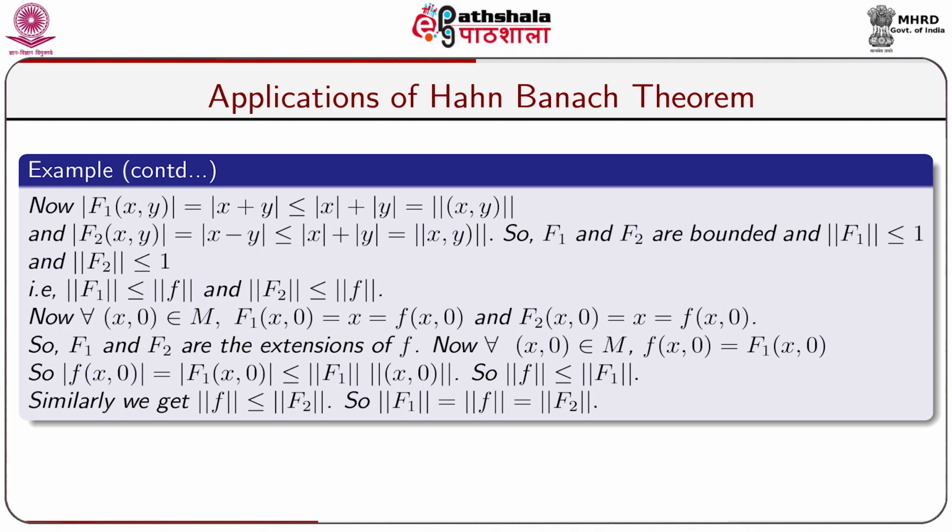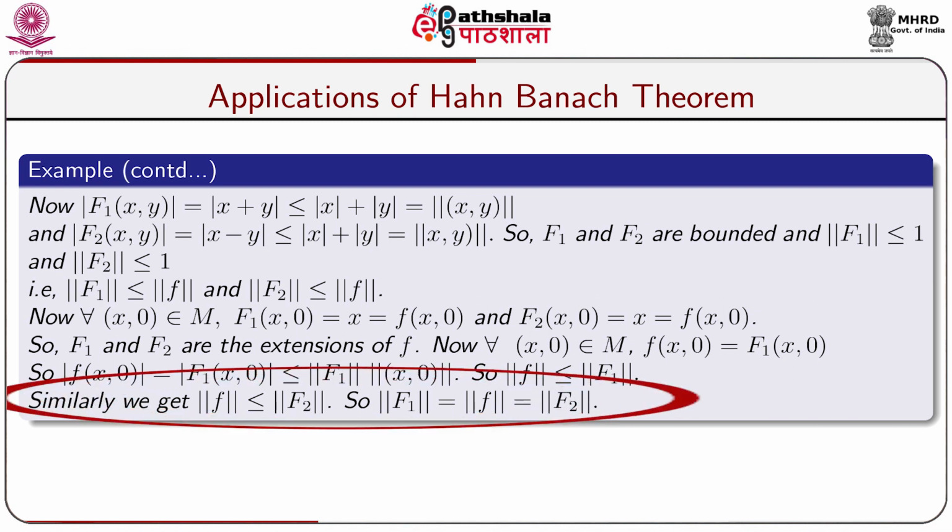Now, for all (x, 0) belonging to capital M, small f(x, 0) is equal to capital F1(x, 0). So, modulus of f(x, 0) is equal to modulus of F1(x, 0). As F1 is bounded, modulus of F1(x, 0) is less or equal to norm of F1 into norm of (x, 0). So, small norm of f is less or equal to norm of capital F1.